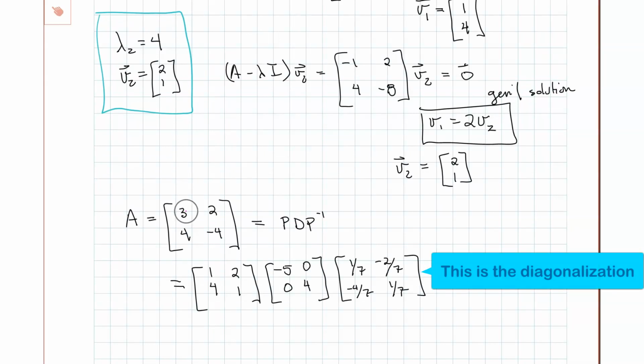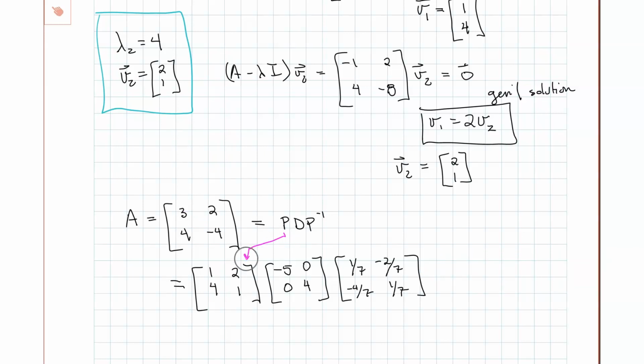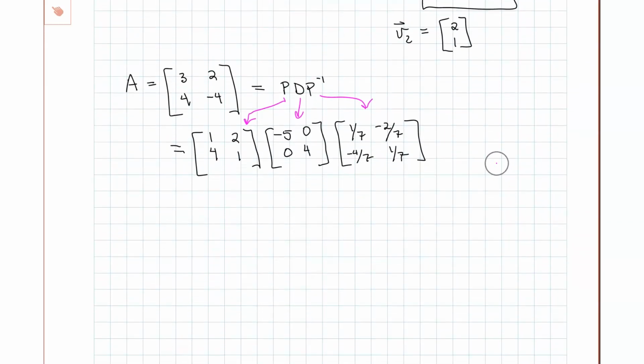So A, our original matrix, is equal to P times the diagonal matrix with the eigenvalues along the diagonal times P inverse, which I got just by computing the inverse of P in the standard way. So now even if I wanted to compute A to the 100th power, I would still only require n exponentiations to get the values of these diagonal entries for D to the 100th, and then just 2 matrix products.